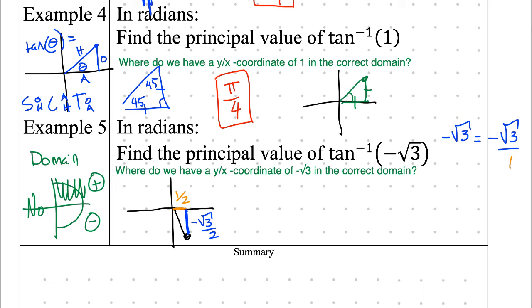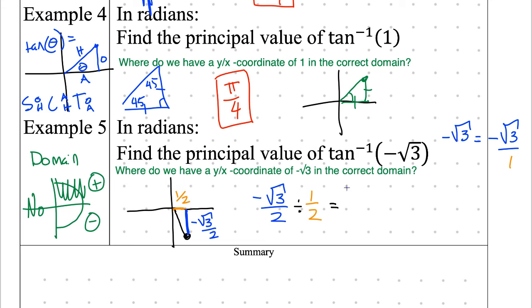So if I do, again, color coding this, negative square root of 3 over 2 divided by 1/2. I'm doing this division symbol because it will make things a little bit easier, instead of doing a giant fraction here. Well, when you have a fraction divided by a fraction, you keep it, change it, flip it. So let me do black here.